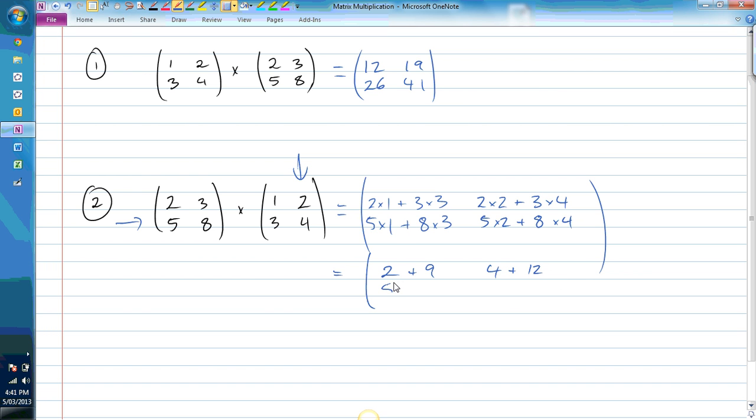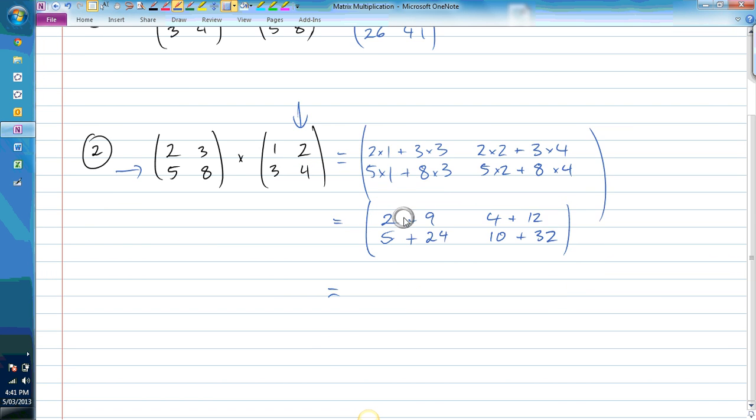This one's going to go 5 plus 24, 10 plus 32, and finally we'll tidy up those additions. 2 plus 9 is 11, 4 plus 12 is 16, 5 plus 24 is 31, no it's not, it's 29, and 10 plus 32 is 42.